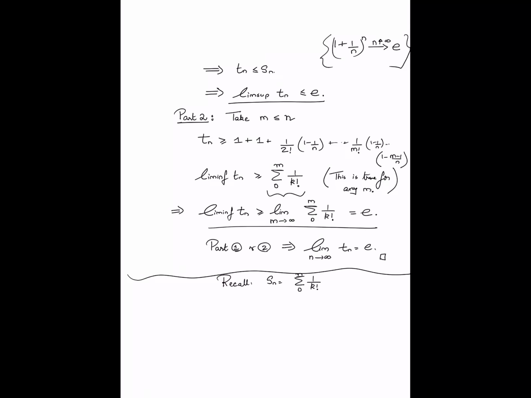Therefore, even though the limit is well defined, you can only approximate e by taking a large but finite number of terms of this series, by taking the running sum up to a suitably large n. So it's useful to be able to judge how far off you are from the true value of e to the approximation that you got by stopping at n plus 1 terms in the summation.